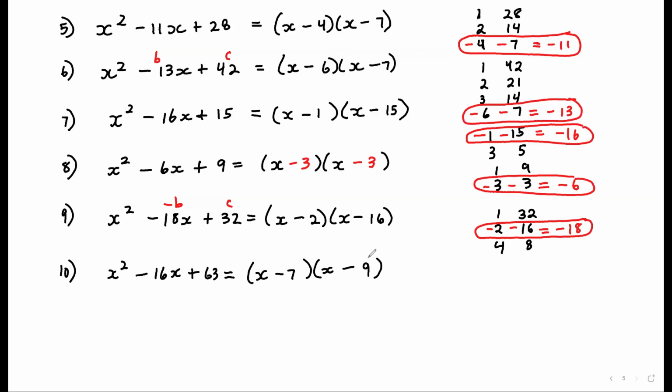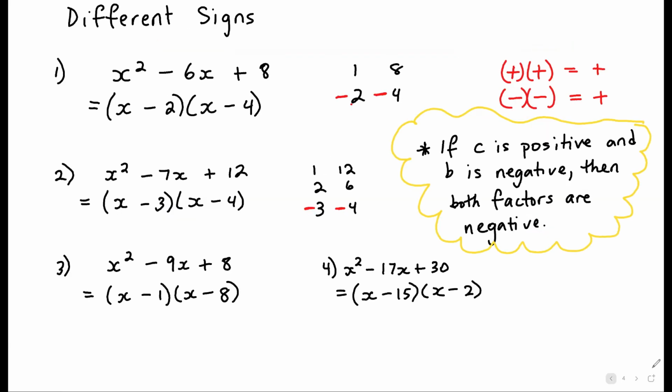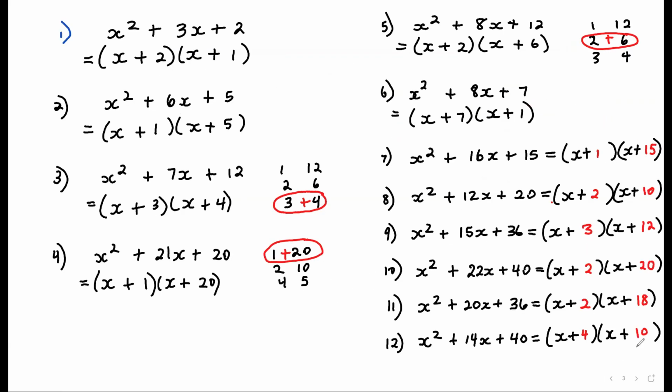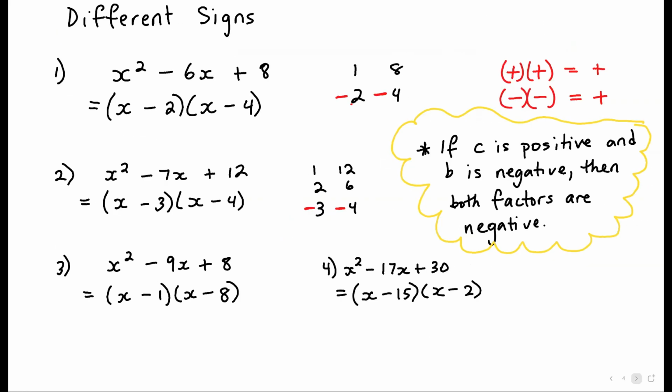So far we have seen when B and C are positive, so the factors are just going to be all positive, which is fine. Now we're looking at when we have different signs. In the first one, C is positive and B is negative.